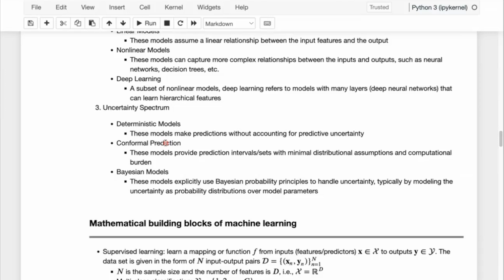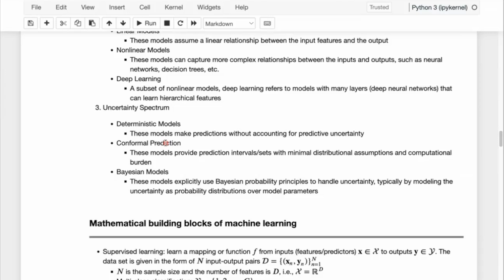So you don't account for any kind of predictive uncertainty. And although these types of algorithms are typically straightforward to implement, the problem is that we don't get any notion of uncertainty or how we can trust these predictions.